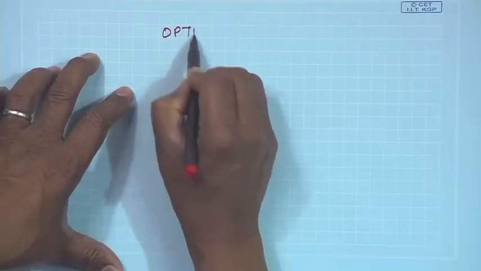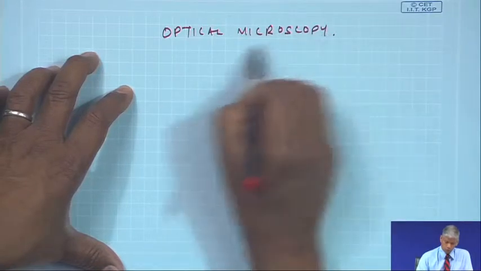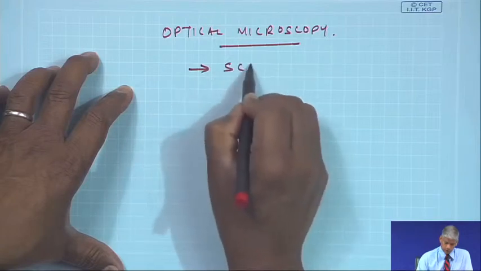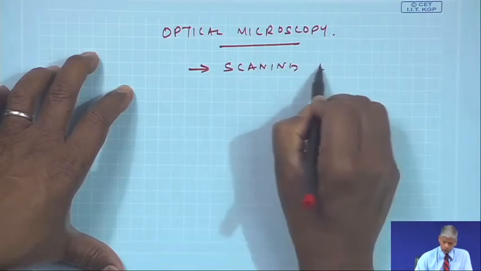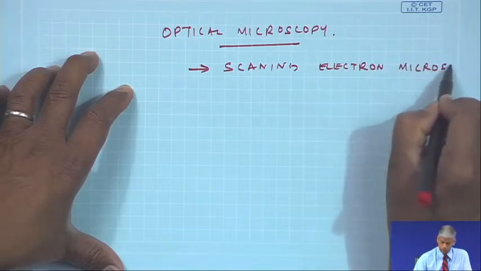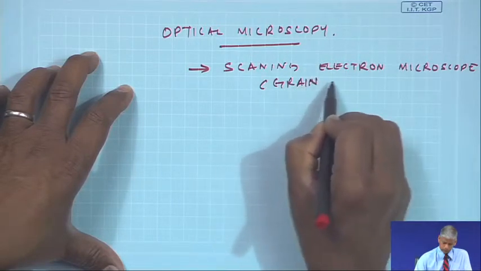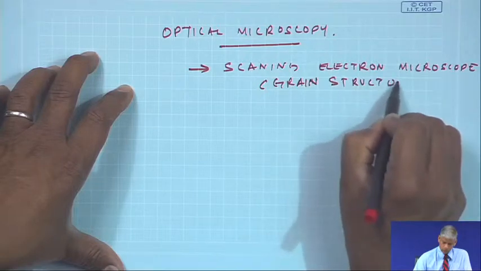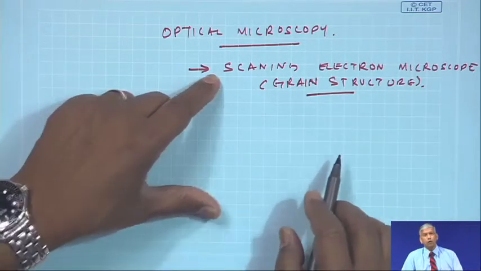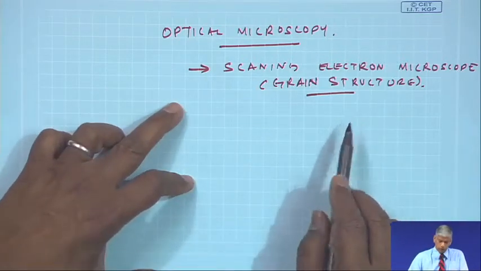Because when we examine the failed component under optical microscopy, or through a scanning electron microscope to see the grain structure, any extra heat which has been generated when preparing the sample is going to damage this component.